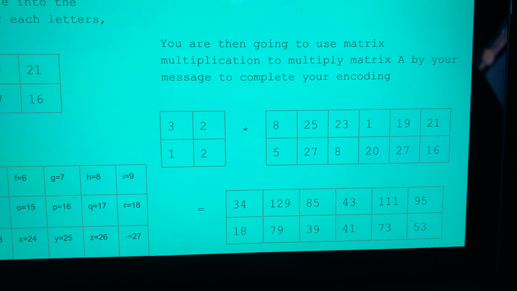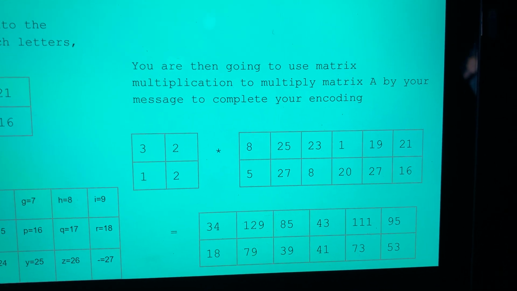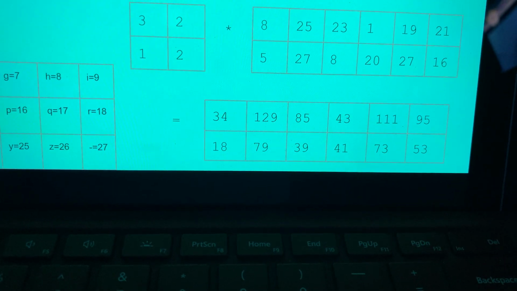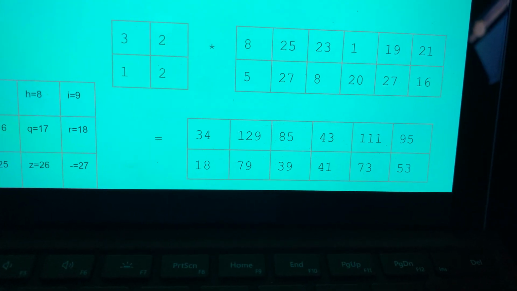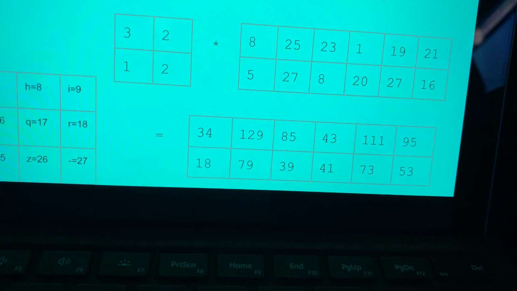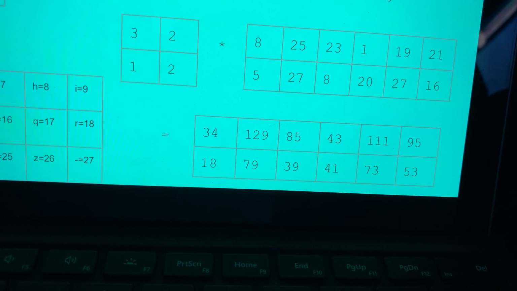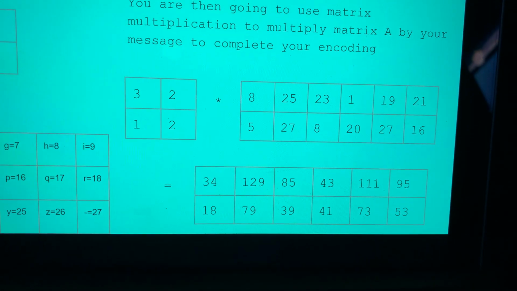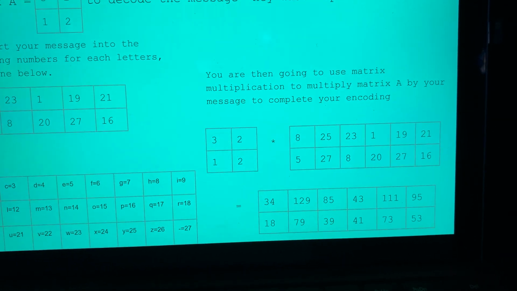So right there's an example of it, and this would be the final answer. So this would be your encoded message, which is 34, 129, 85, 43, 111, 95, 18, 79, 39, 41, 73, 53.